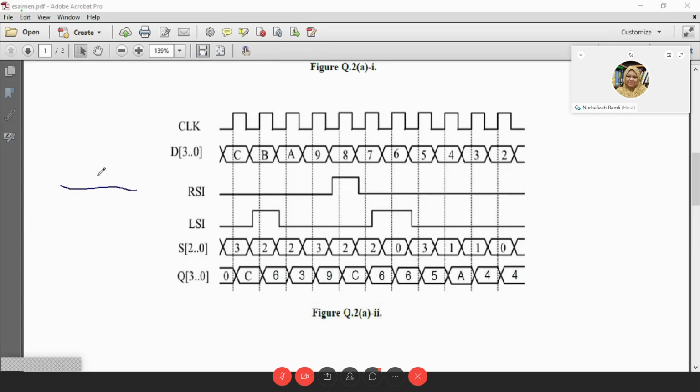For example, the important thing is S1, S0, and then what happened to Q3 until Q0. You have to consider all, and in order to do this, you have to investigate the circuit. For the final exam, I believe you are scribbling somewhere, but for the assignment it's better for you to show, because the exam is maybe in July.